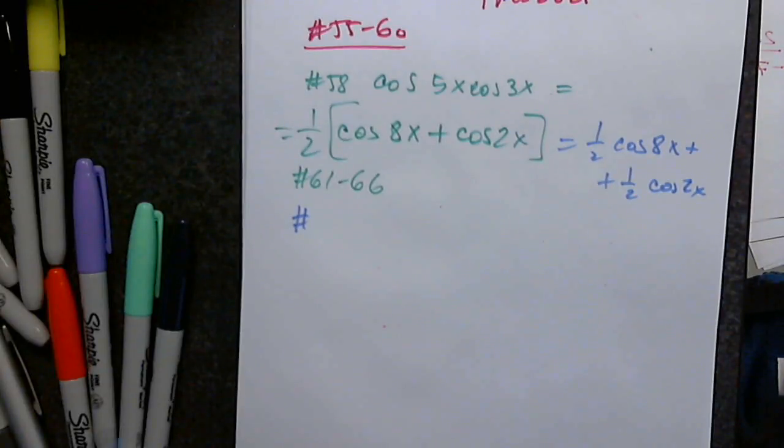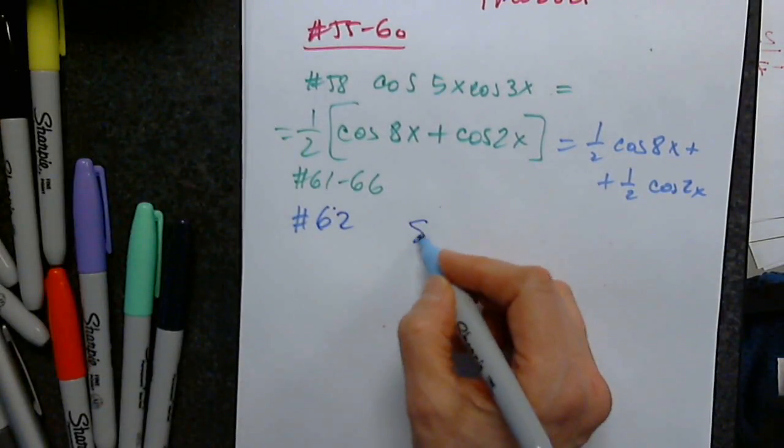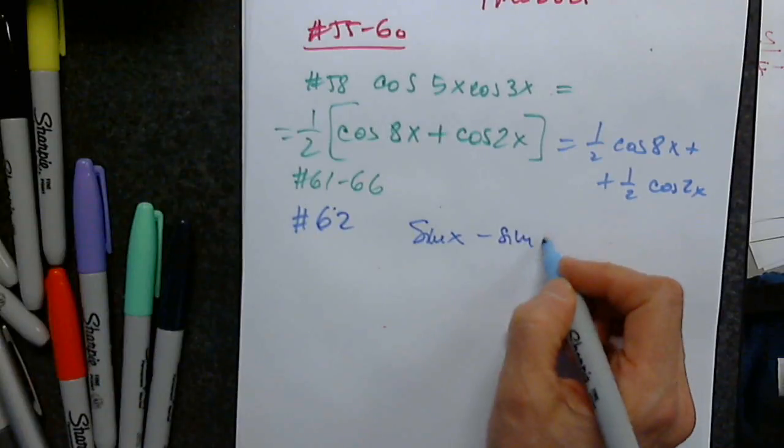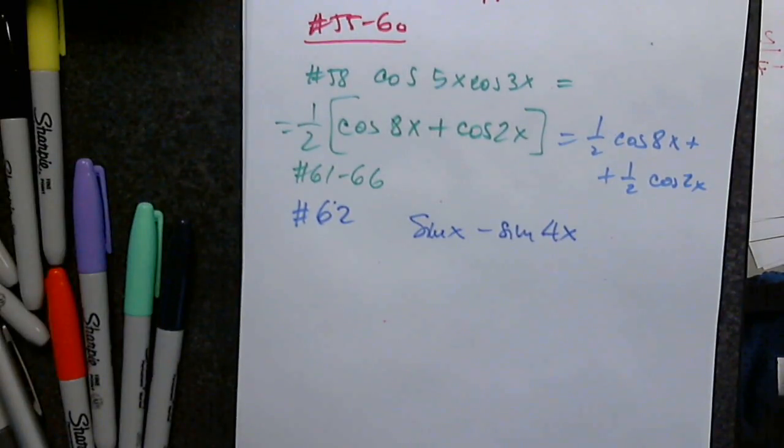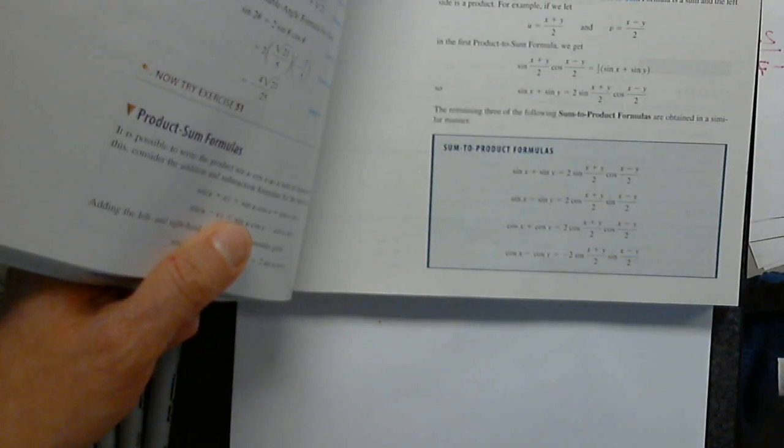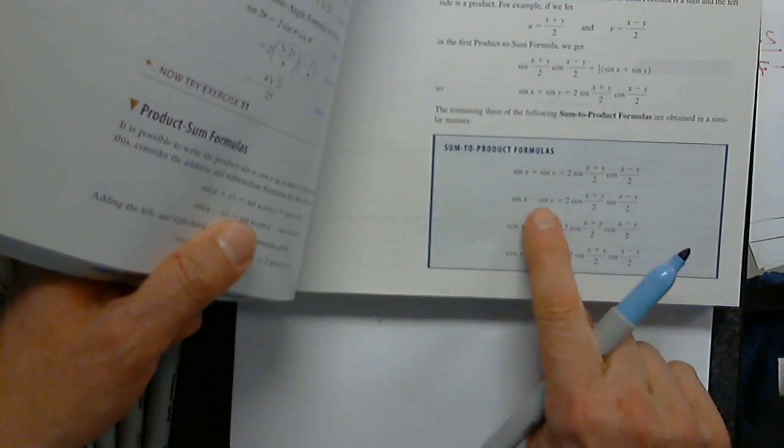62. We have sine x minus sine 4x. Let's go back to the formulas from before, the previous page. So it's a difference of two sines. Is there a formula that presents the difference of two sines on page 513? Yes.